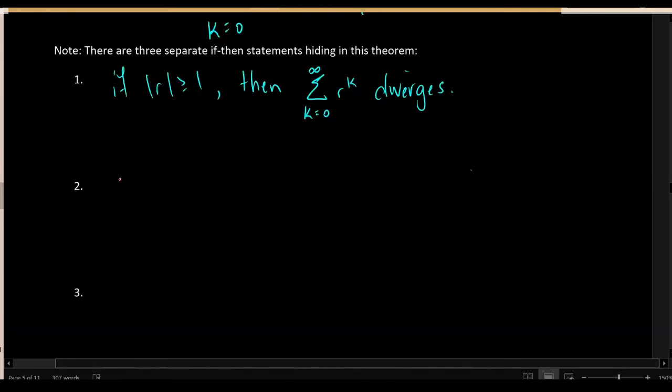The second thing that it says is that if absolute value of r is less than 1, so a totally different hypothesis unlocks a totally different part of this theorem, which has the conclusion that if that's true, then the series converges.